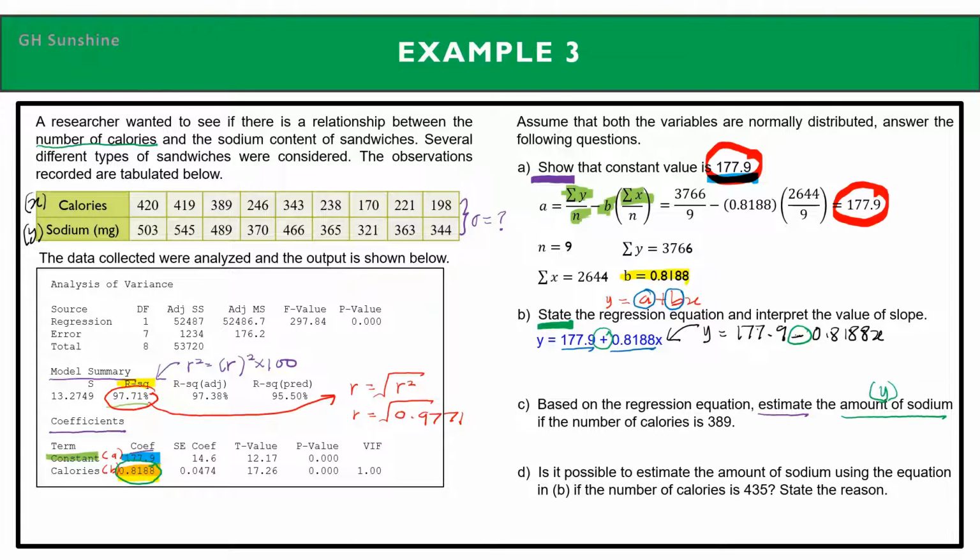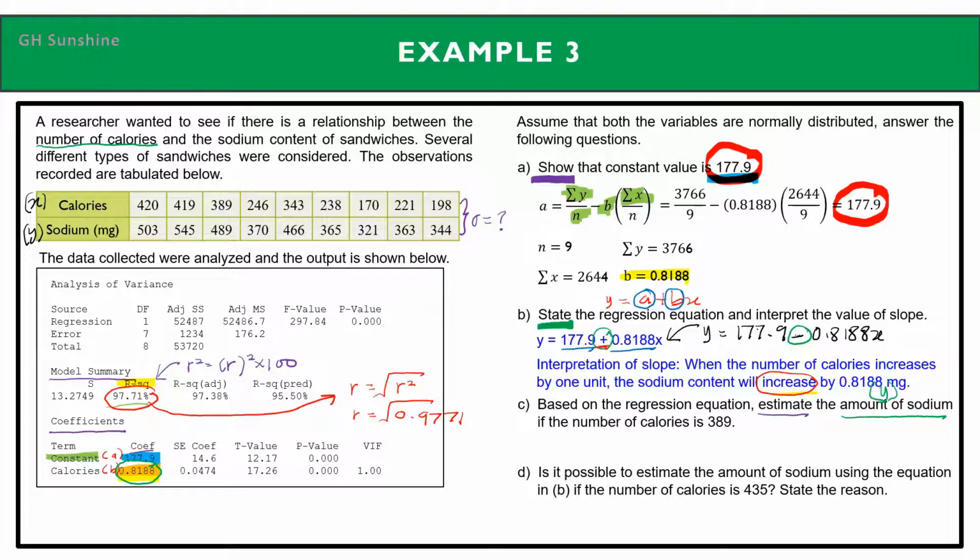So from this example, when the number of calories increase by 1 unit, the sodium content will increase by 0.8188 milligram. Why increase? The symbol here is positive sign. Therefore, increase.